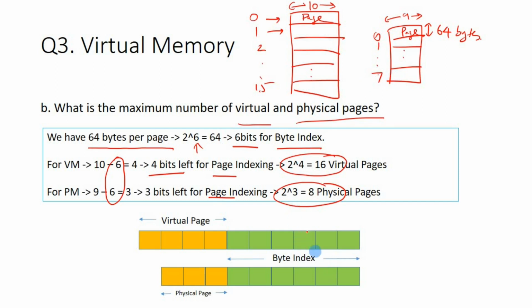In terms of the address bits, you will have the lower 6 bits all used for the byte index, the upper 4 bits used for the virtual page in the virtual memory, and for the physical memory you have 3 bits. That is how it will look.